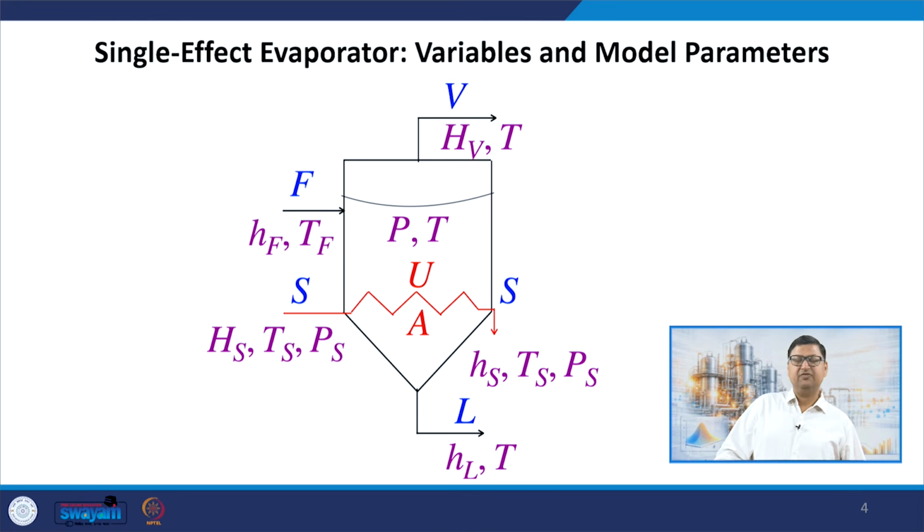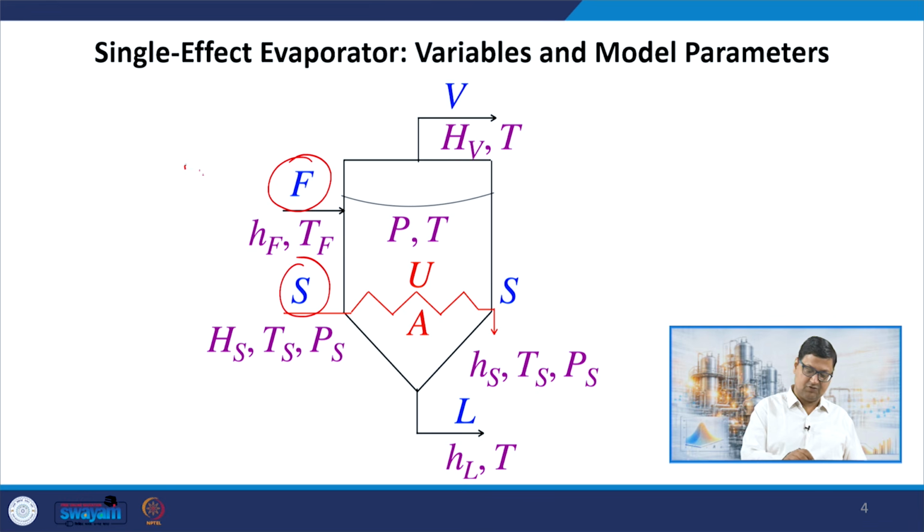Going forward, let us look at the variables and model parameters which are important for the evaporator. We are going to do a mass balance, and we are also going to do an energy balance. In the mass balance, we will do the overall mass balance and the mass balance for the solute only, and the energy balance will be applied on the entire evaporator. We have certain variables representing the mass flow rates.